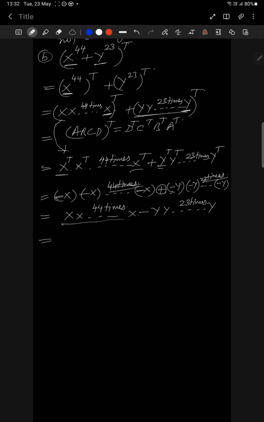So we are getting this part as x to the power 44 minus y to the power 23. So it is neither symmetric nor skew symmetric.